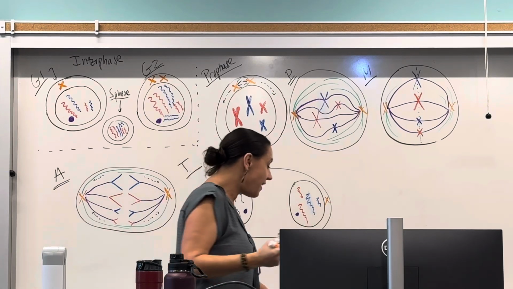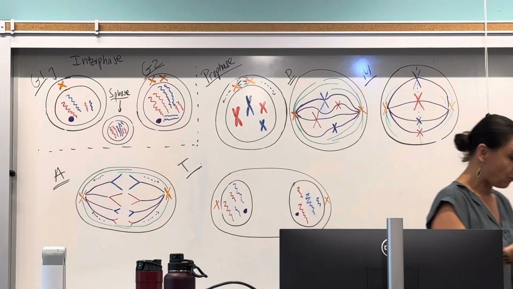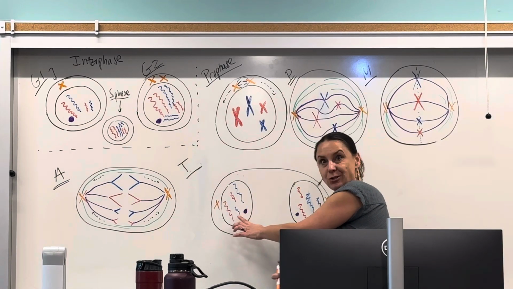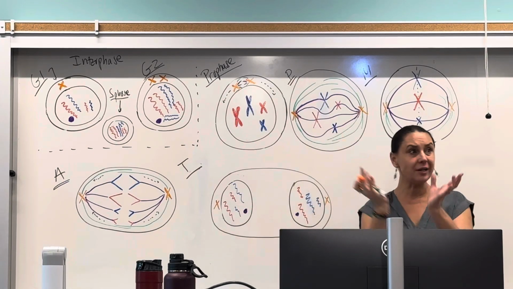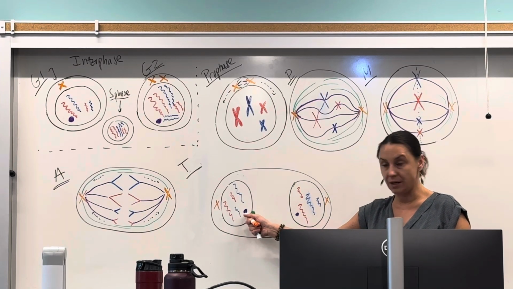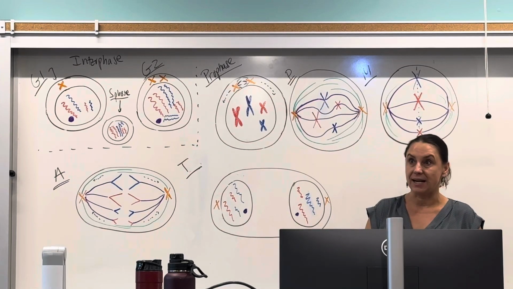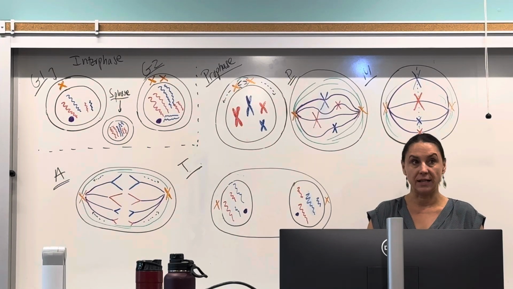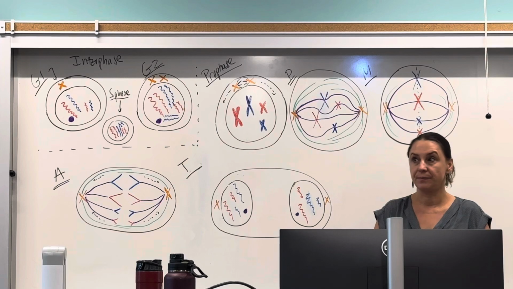So the 4 events that are kind of like the cleanup of prophase, the reverse of prophase, are what? Chromosome uncoils into chromatin, nuclear envelope reforms, nucleolus reappears, and the mitotic spindle breaks down. So that's the tidy up phase, the teal phase.